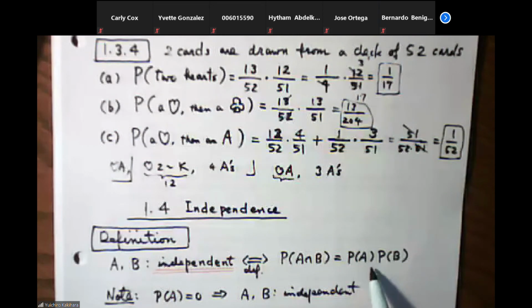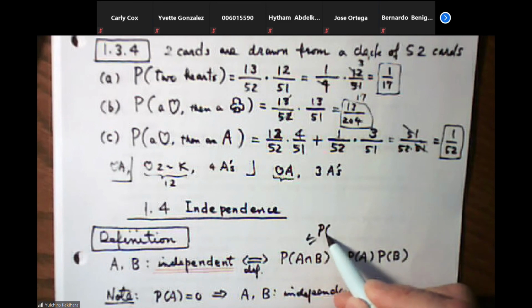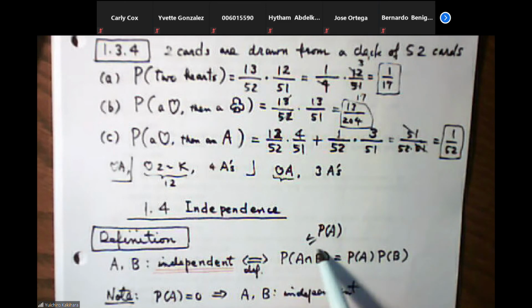Because this is 0, the right side is 0, and this is smaller than or equal to P of A, and then this is 0 too. 0 is equal to 0. This is true.